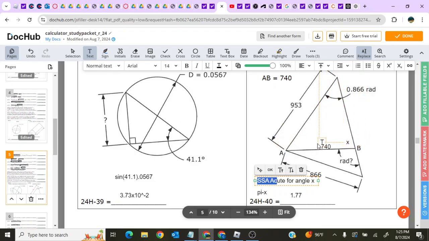Use the triangle program, do that. And then you will get an x value here of, let me just check what you should be getting.